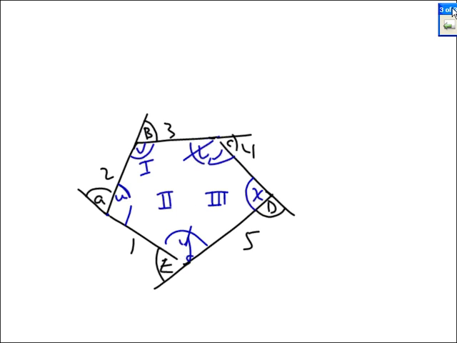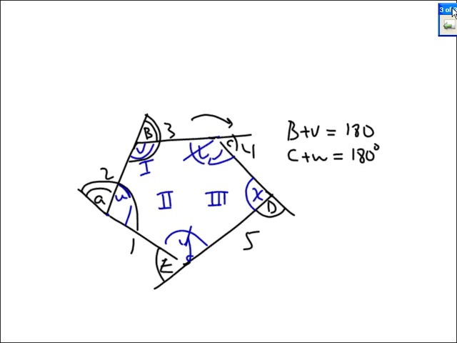Now, I know a couple of things. I know that A plus U is 180. B plus V is 180. C plus W is 180. Make sure you see where I'm at. I'm going clockwise.